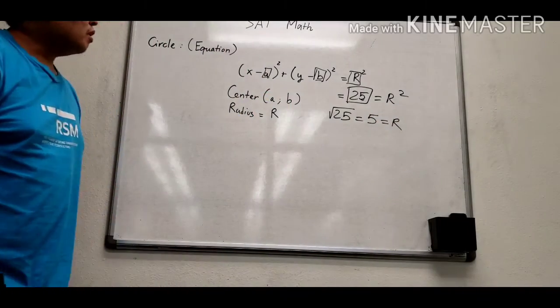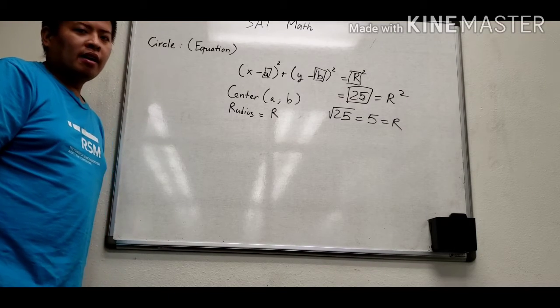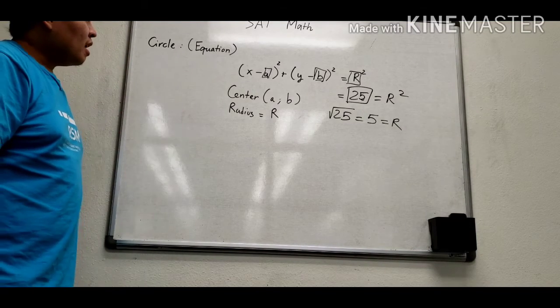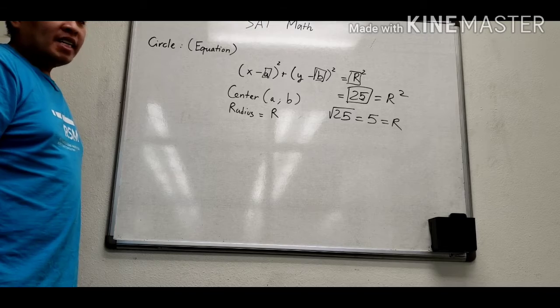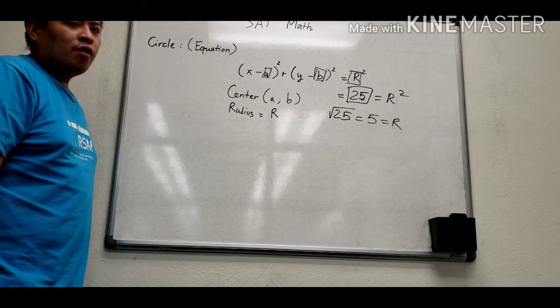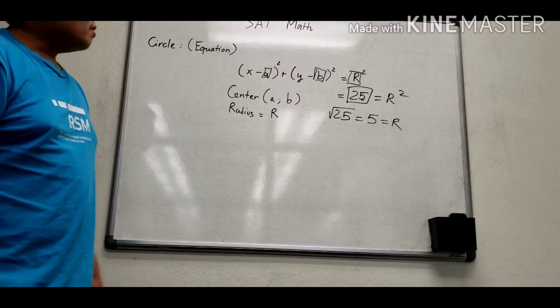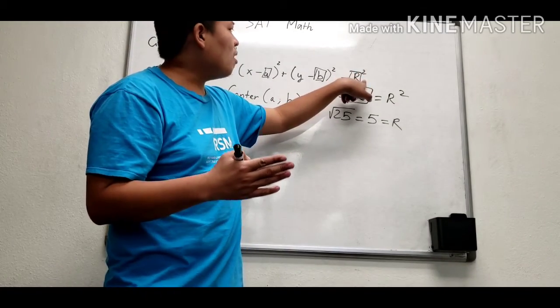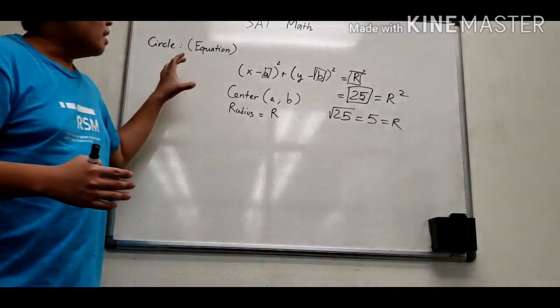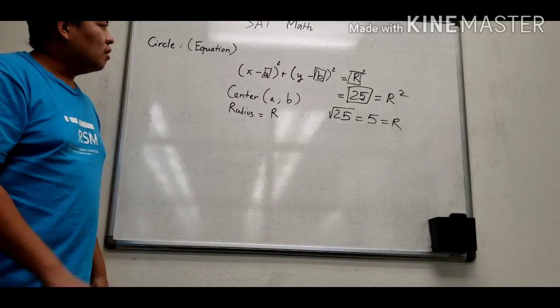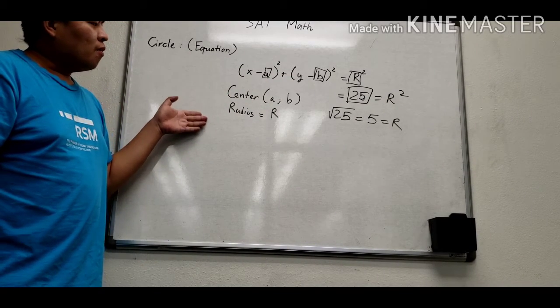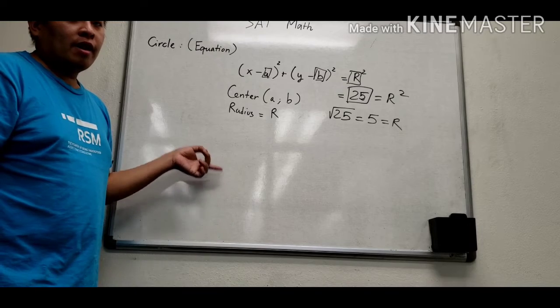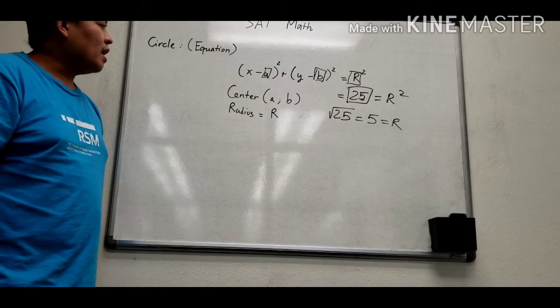This is so important for the SAT math because they provide the equation and then ask what is the area or the circumference of the circle, so you just concentrate on the number on the right, put it in the formula for the area and the circumference, and you can find the answer.